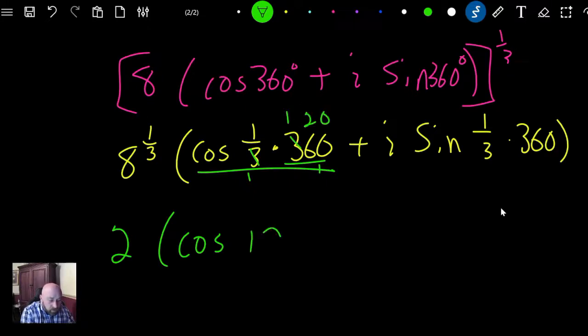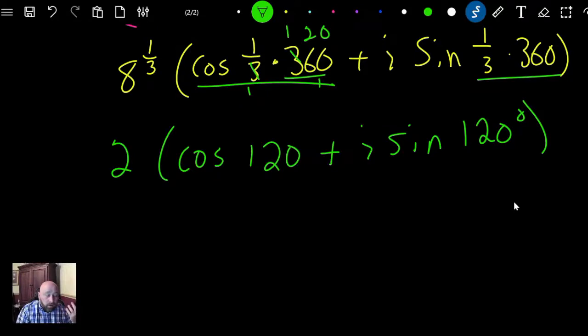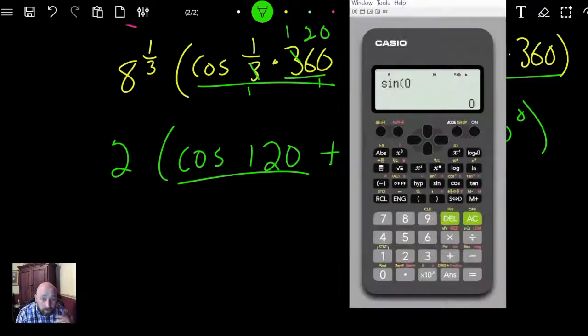So that's going to be 120 degrees plus the imaginary sine of, again, this is going to give us 120 degrees. Okay? And then we're just going to solve that. We're going to go through our 120 degrees now. And then we'll just kind of, so what is the cosine of 120 and what is the sine of 120? Well, you might remember from your unit circle what those are. You can always go to your front cover, or you can go to your calculator and you just hit cosine of 120.